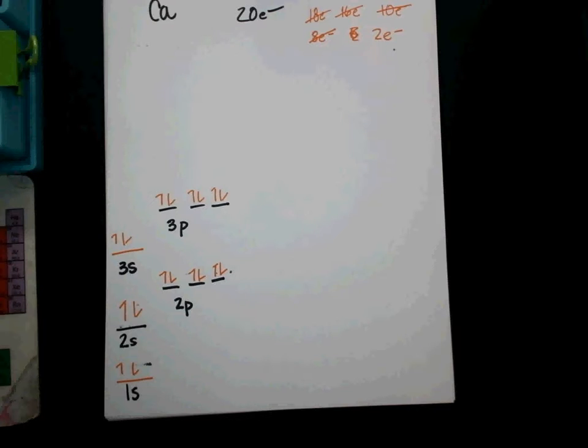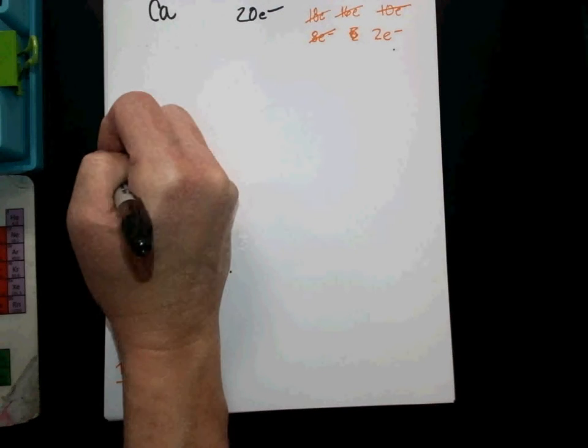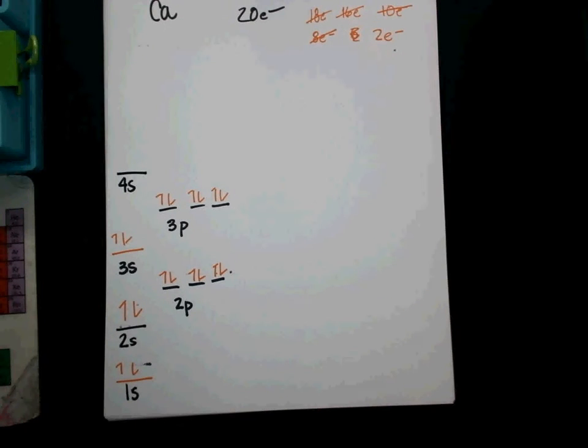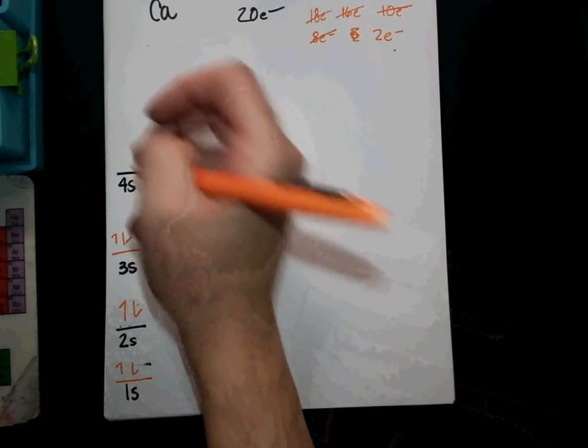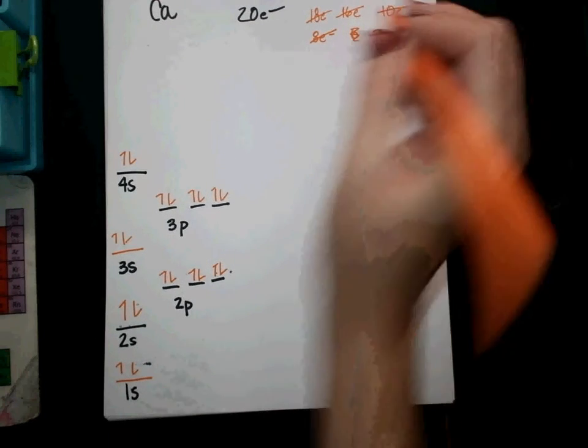After 3p, I fill, what do you think, Mary? Follow your arrow. Follow the yellow to fill it. Correct, yeah. And S can hold how many electrons, you guys? 2. And I have 2, so I'm going to fill it up.